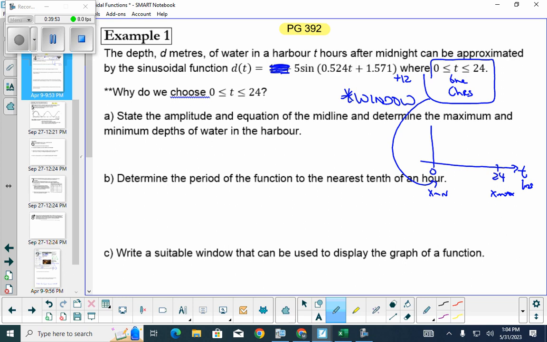So we know that that plus 12 is the midline, and we know that the 5 is the amplitude. So it's going to go up 5 and down 5.